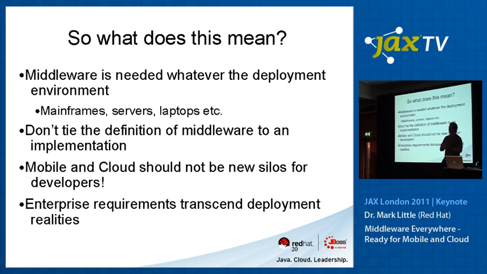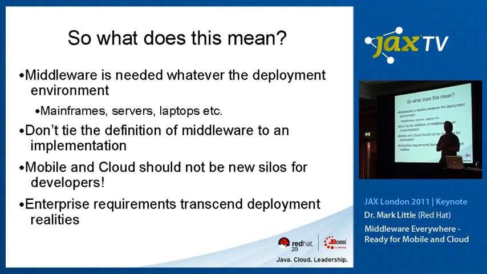And I think it's extremely important that mobile and cloud development does not become new silos that work with blinkers and ignore everything that happened before, because there is a lot that those developers and communities need to learn about what's been going on in the past, both mistakes and positive things. And just as middleware is needed everywhere, I think enterprise requirements are also needed everywhere. I showed you some examples, like needing transactions and security.